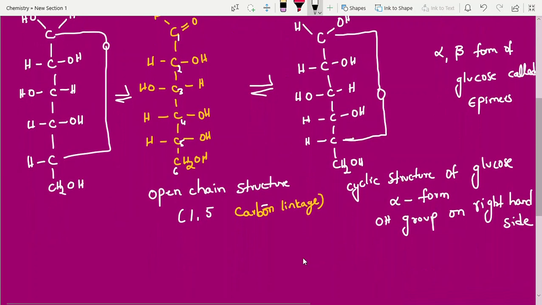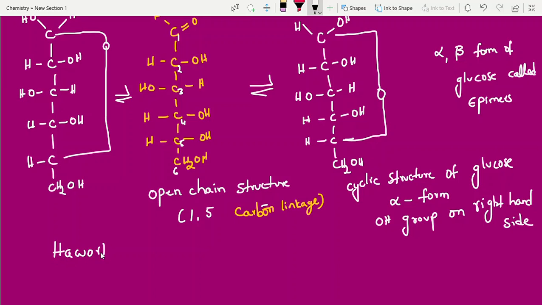Can we write pyranose structures? Beta form, alpha form. So what is the logic here? Haworth structures of glucose, that we call pyranose structures also.